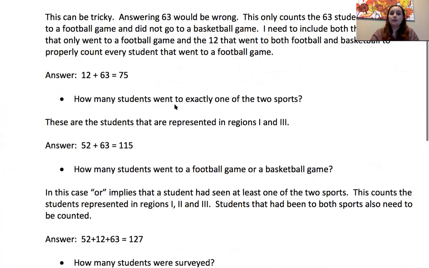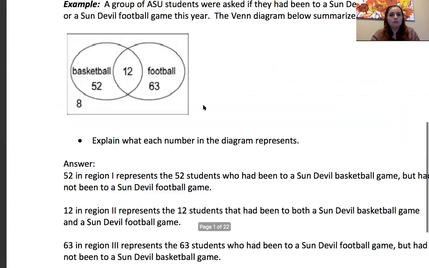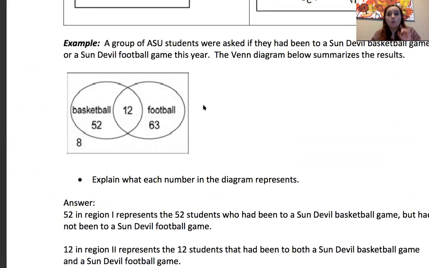How many students went to exactly one of the two sports? Go back. How many only went to one? So if we use process of elimination, these 8 people didn't go to either, so I'm not going to count them. These 12 people went to both, but our question said only one or the other, not both.